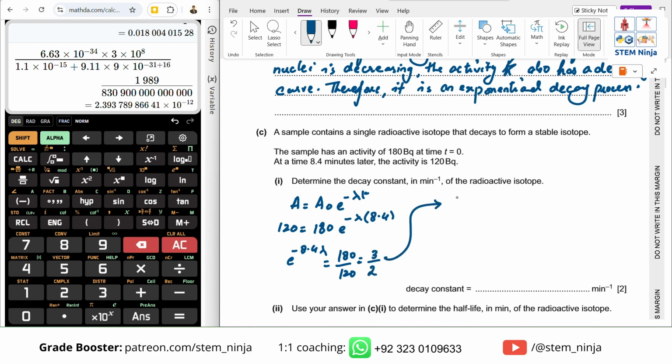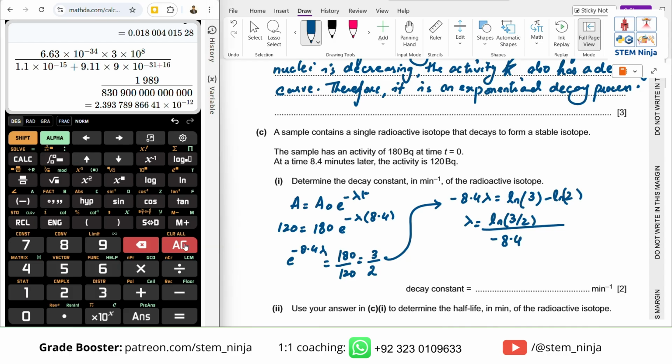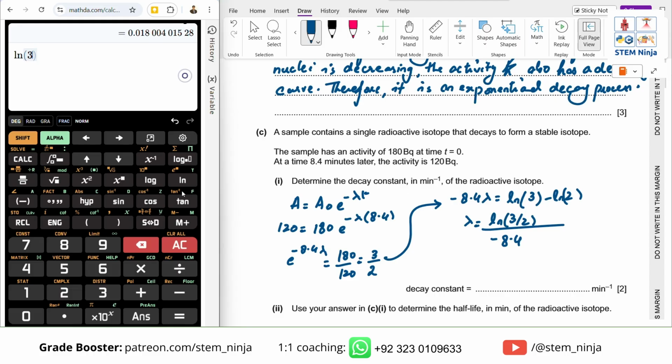So when we take ln on both sides, we get 8.4 lambda is equal to ln 3 minus ln 2, or ln 3 over 2. So lambda would be ln 3 over 2 divided by minus 8.4. Wait, sorry. Did we miss out something? Sorry, my bad.